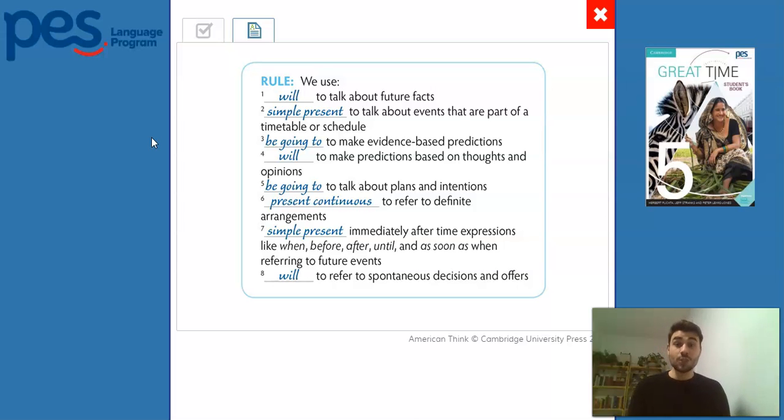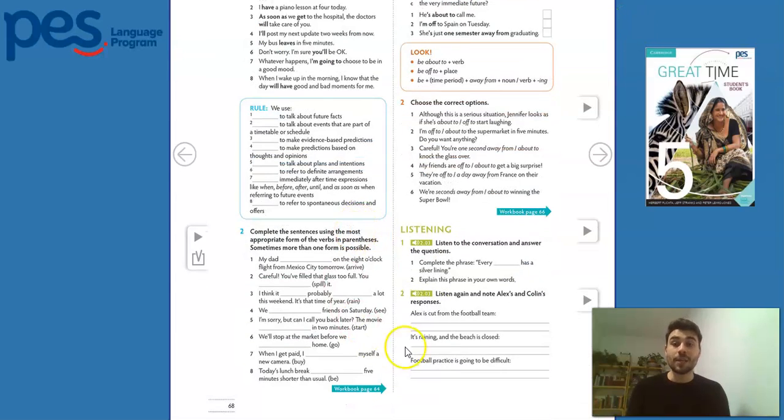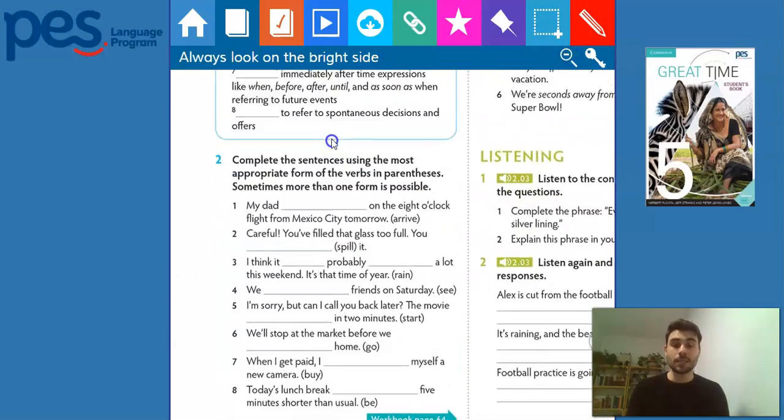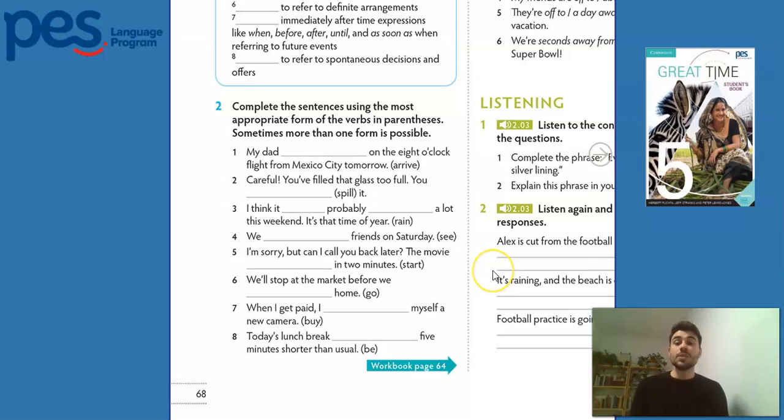All right? So, for us to practice a little bit more, let's go back here to page 68 and take a look at the second exercise we have. In the second exercise, you have to complete the sentences using the most appropriate form of the verbs in parentheses.